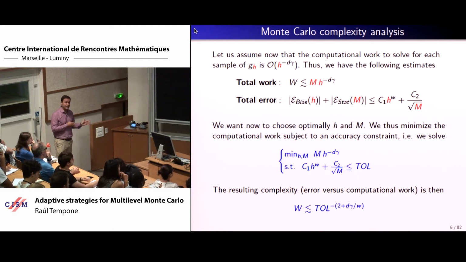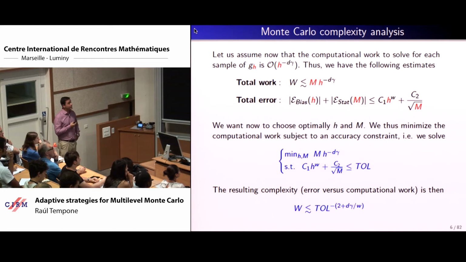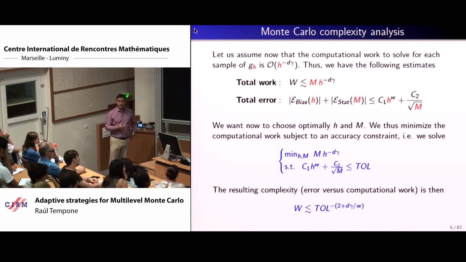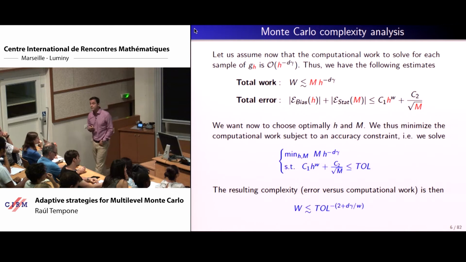And again, this is an example, and the example that we have illustrated is a linear elliptic differential equation. In that case, what we have to do is to solve a linear system every time we need to create a new sample of the random variable. So if D is the dimensionality of the space that you're solving, it could be 3D, 2D, 1D, then H to the minus D, if H is a discretization parameter, is essentially the number of degrees of freedom that you have in your discretization.